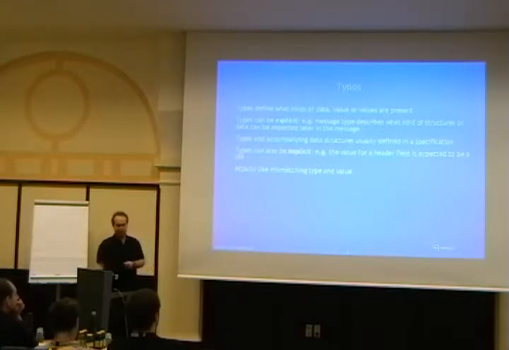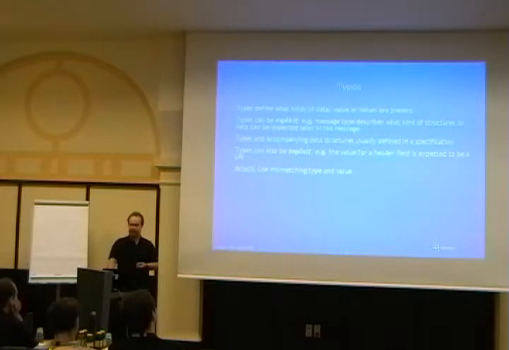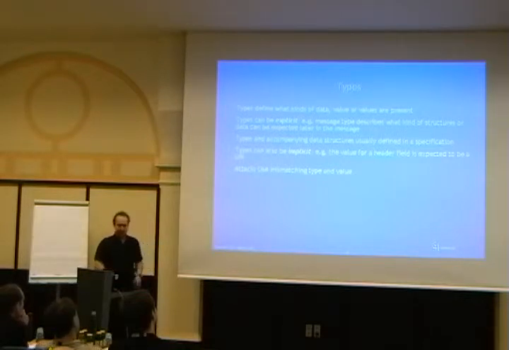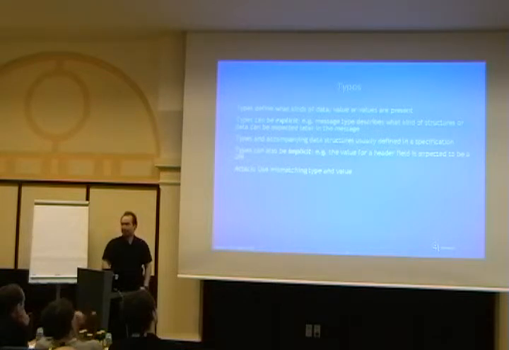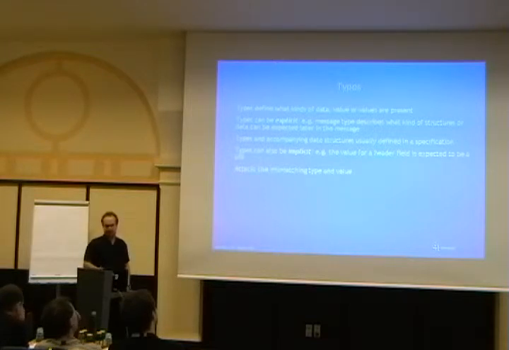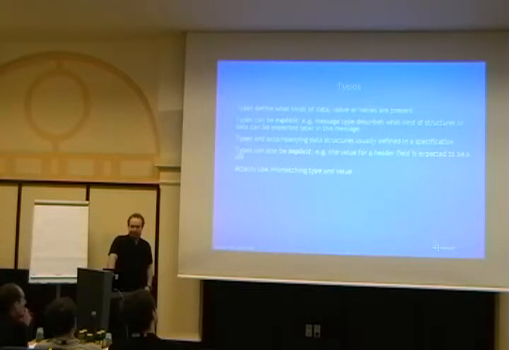I'll go through some of our ideas about these basic data types and take a look at what kinds of attacks can be constructed against fields of these types. So let's take a look at some of the basic types. The type fields in a protocol or file format typically define what kinds of things are expected later on as values or payloads. The type can be explicit.